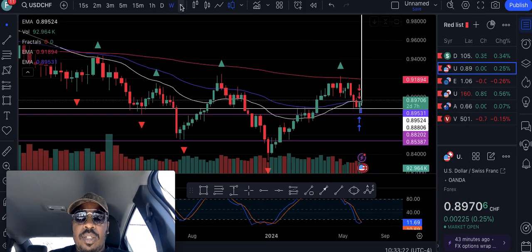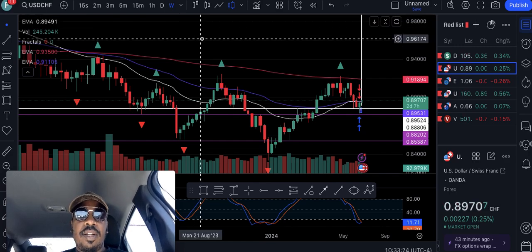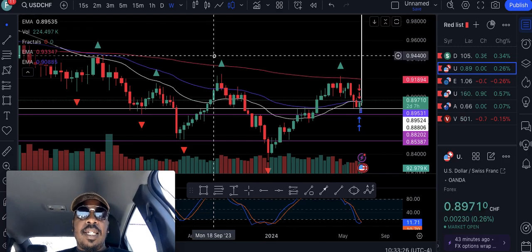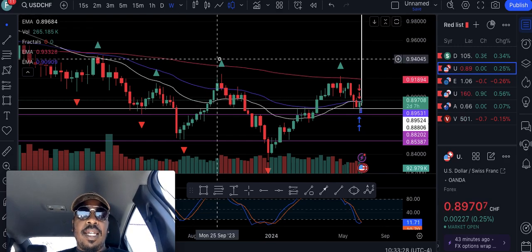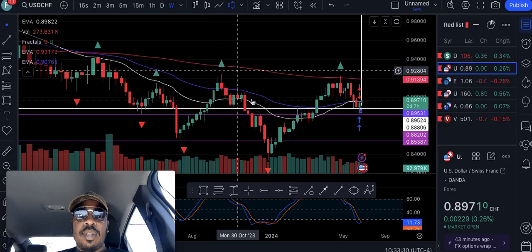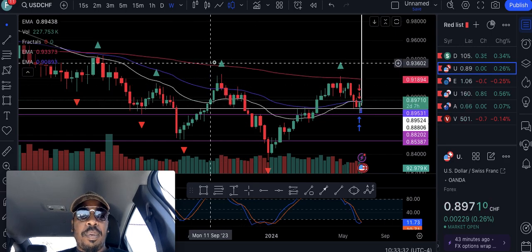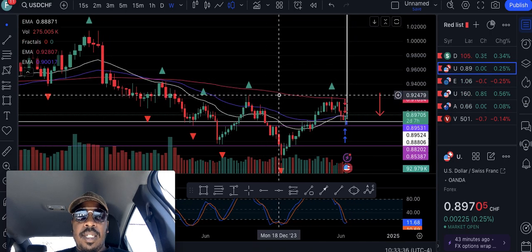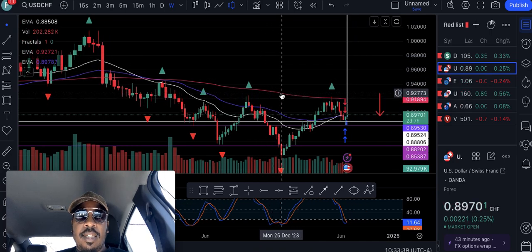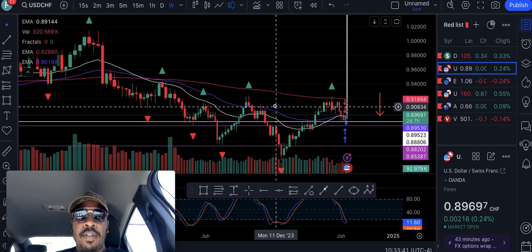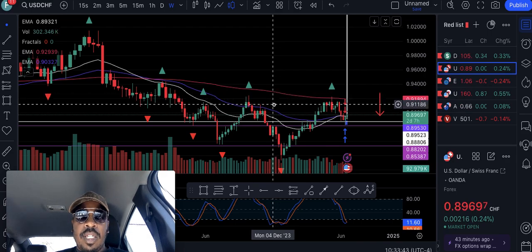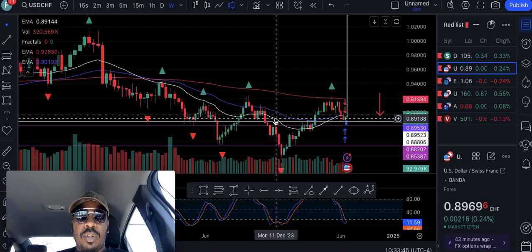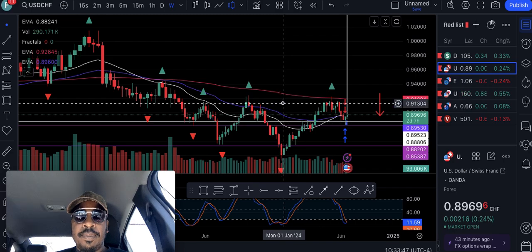That tell you right there, the bias for today is sales, because the whole price itself is going down. I know that because I have my EMAs, my exponential moving averages. I have a 200-day, a 50-day in the blue, and a 20-day moving average in my white.